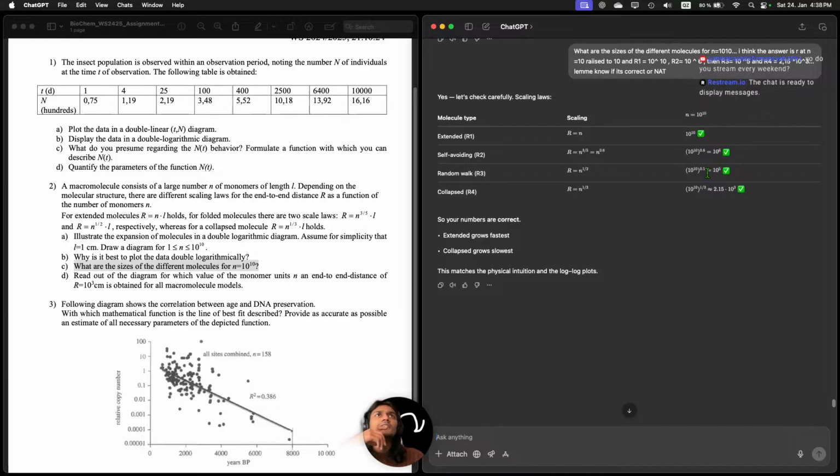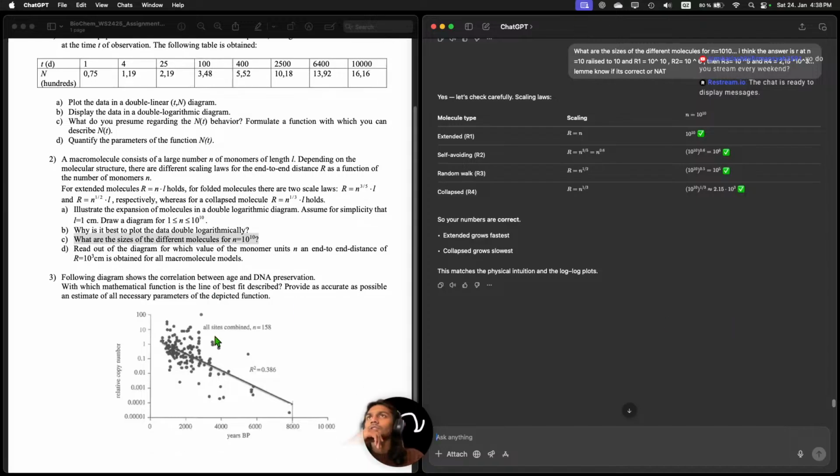10 raised to 19. Why? Oh, 10. Okay. So your numbers are correct. Read out the diagram for which values of monomer. Should I trust GPT like this?